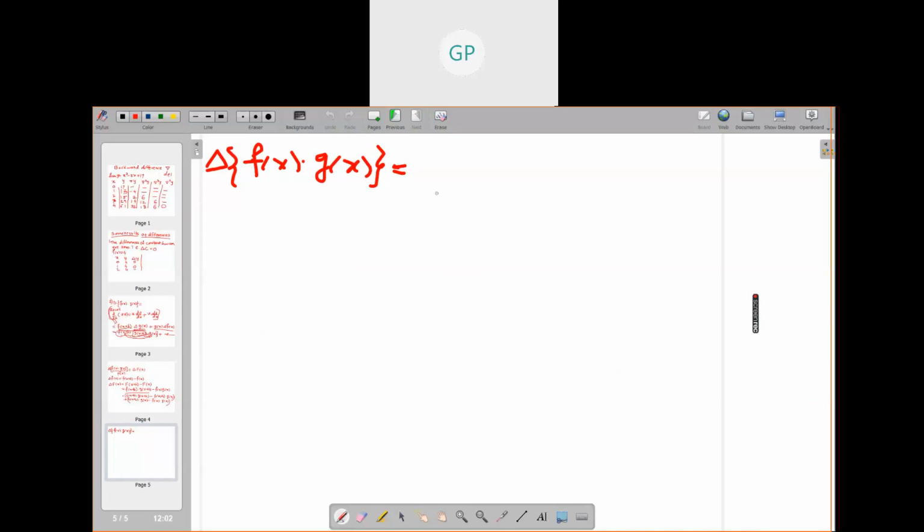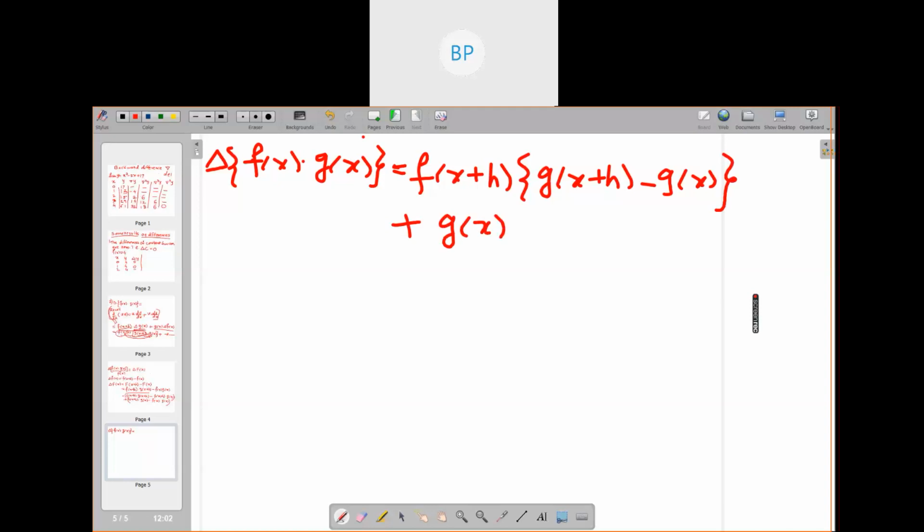So now I am taking f of x plus h common. Inside I have g of x plus h minus g of x, right? Plus I'm taking g of x common from the second bracket, and inside I have f of x plus h minus f of x, right?